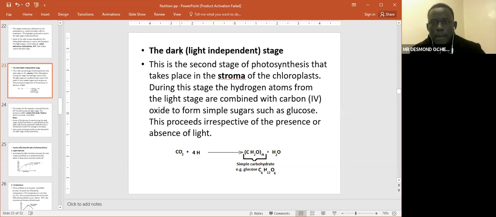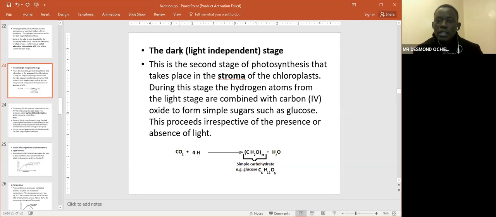During this stage, the hydrogen atoms from the light stage are combined with carbon dioxide to form simple sugars such as glucose. Now, in the light stage, water was used. Carbon dioxide was not used.